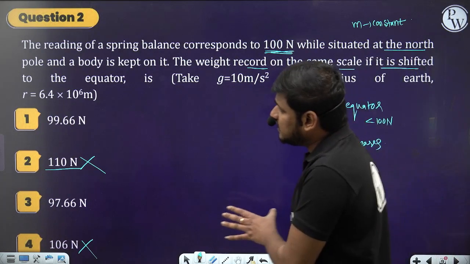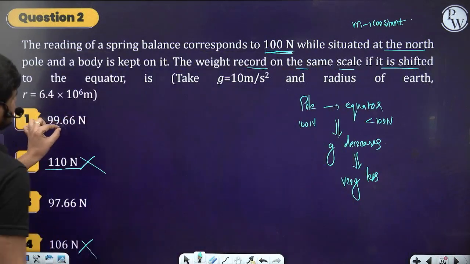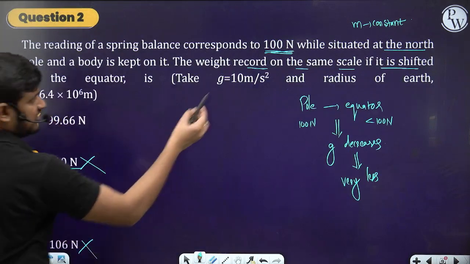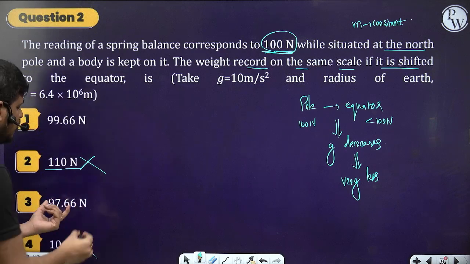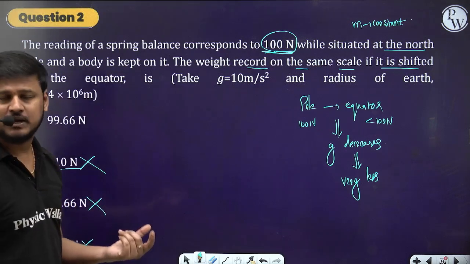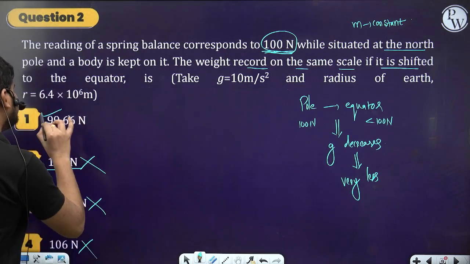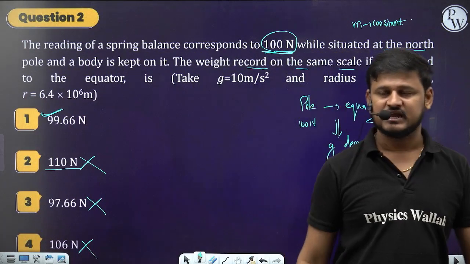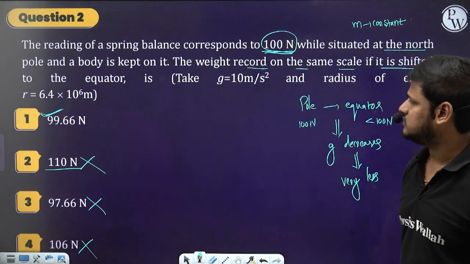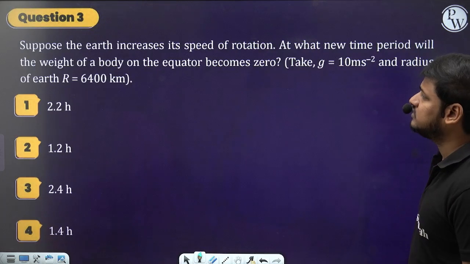So from 100 newtons to 97.66 means this is more, so this much is not possible. It decreases by a very small amount. So 99.66 is possible. Clear, guys? Understood? Chalo.